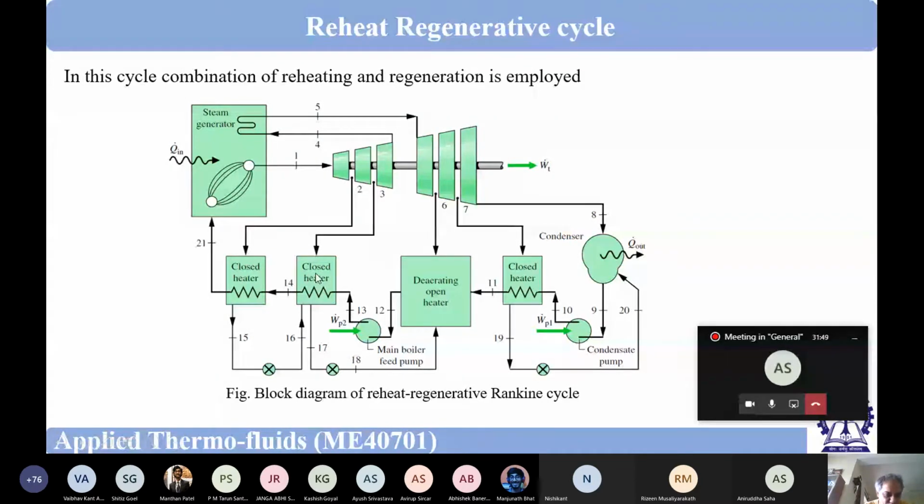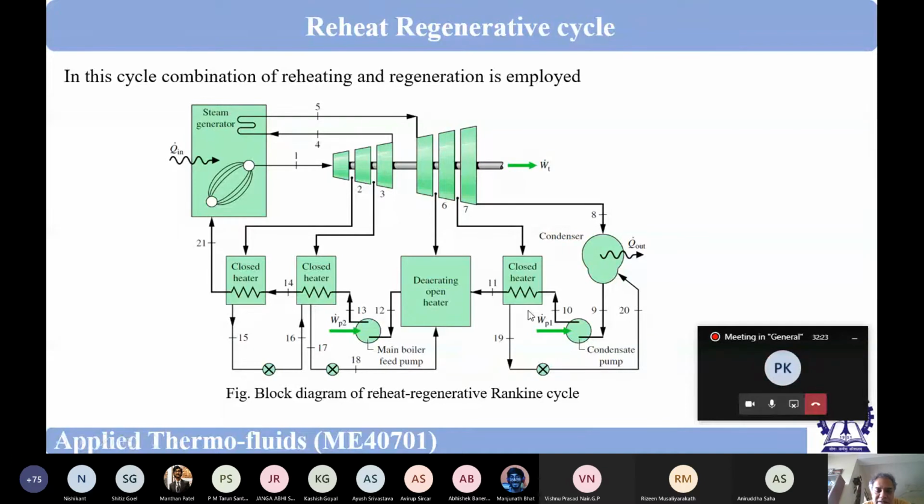In case of a closed feed water heater, the arrangement is that the condensate which is coming from the condenser goes towards the boiler, and the steam which is getting condensed goes backward to the previous equipment. Is this point clear now? Yes, sir. Okay.